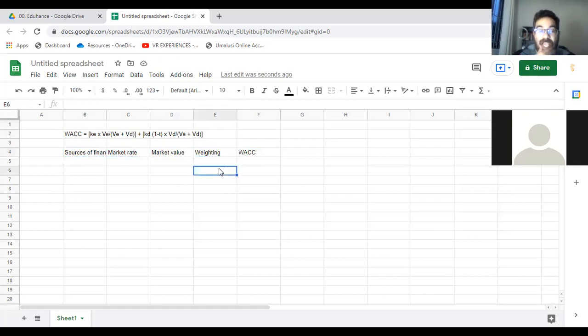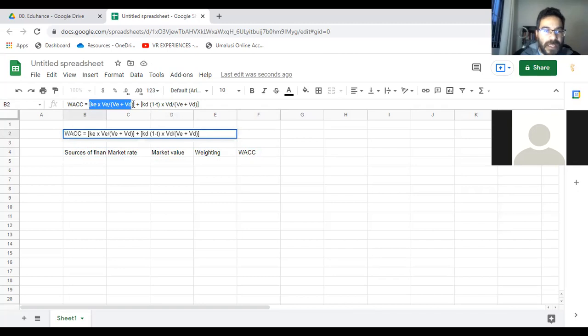So let's have a look at this formula. This square bracket over here refers to equity. This square bracket refers to debt. Remember, your source of finance is only equity or debt. So here you can see this square bracket is your source of finance, equity and debt.